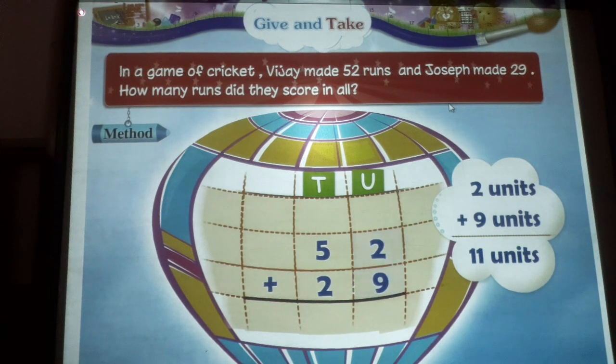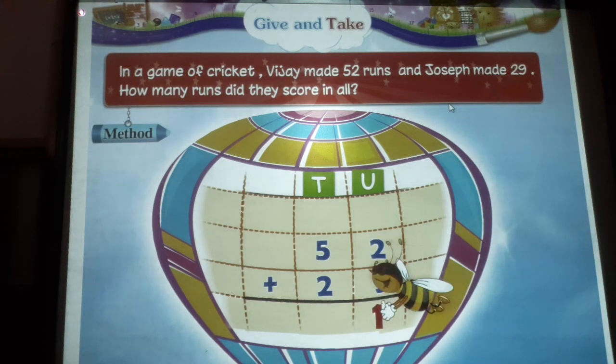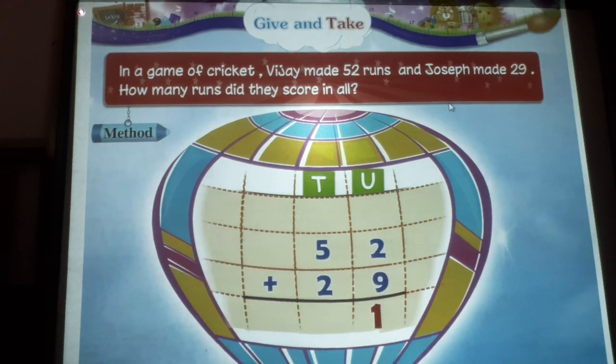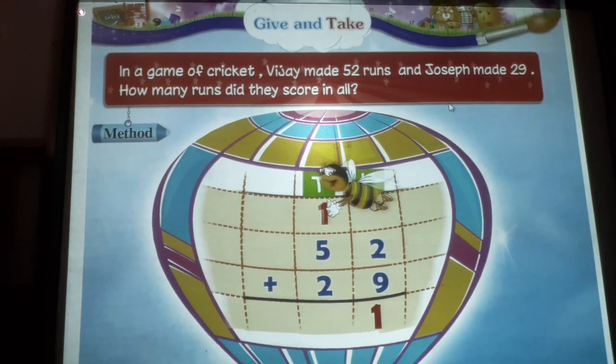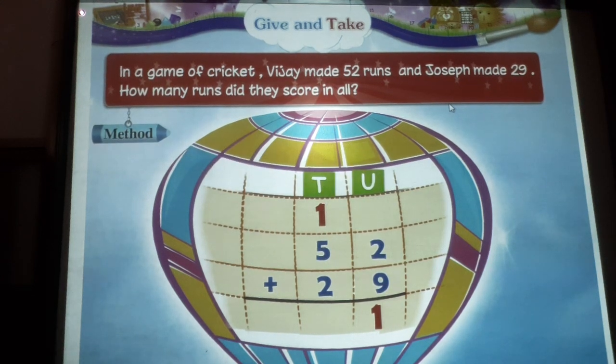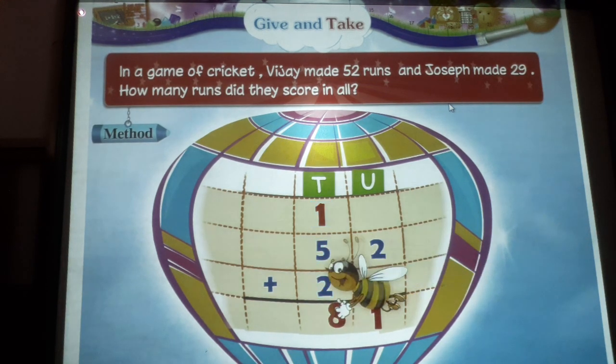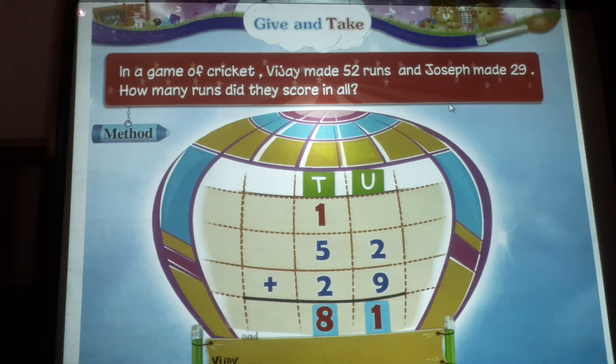That is 1 ten and 1 unit. Write 1 in the units place and 1 ten is carried over to the tens place. 1 ten plus 5 tens plus 2 tens make 8 tens. We get 8 tens and 1 unit. That is 81. So, Vijay and Joseph scored 81 runs altogether.